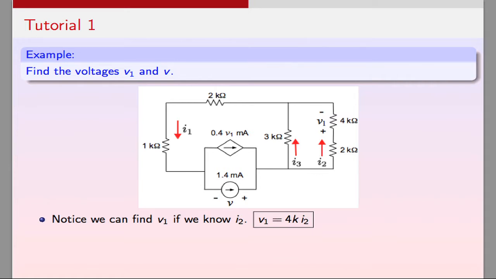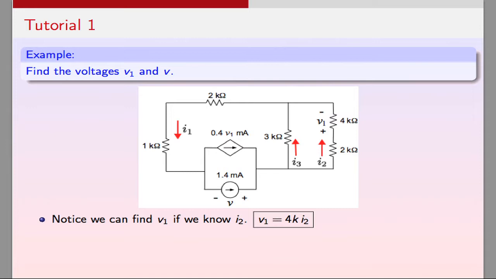I could have chosen them to be in the opposite direction. However, looking at the direction of the two current sources, it makes sense to choose I1 in this direction. Also, with this choice, I2 is in the direction of voltage drop with respect to V1 and the 4K resistor.